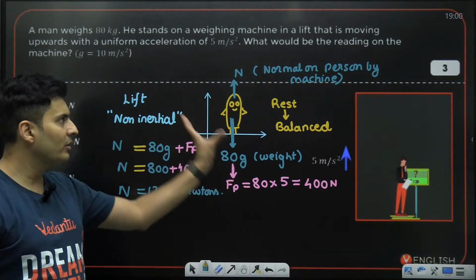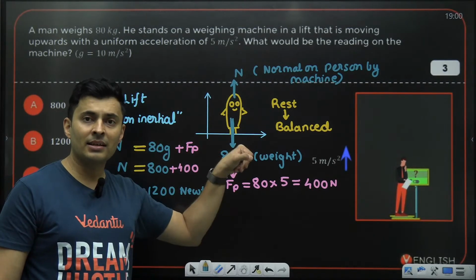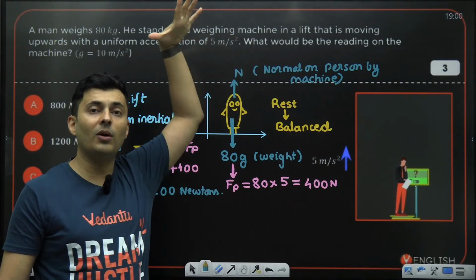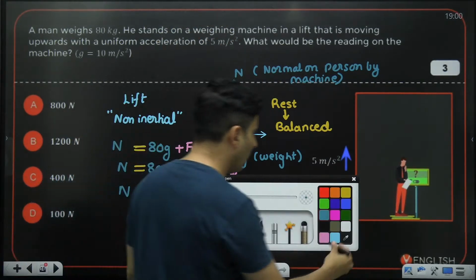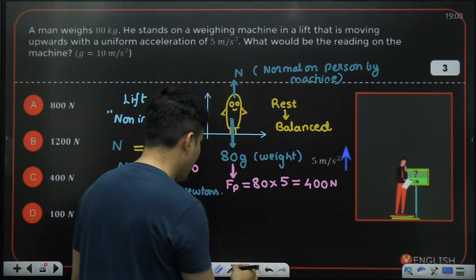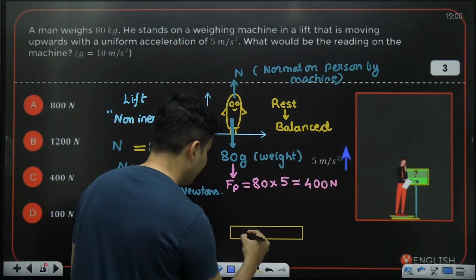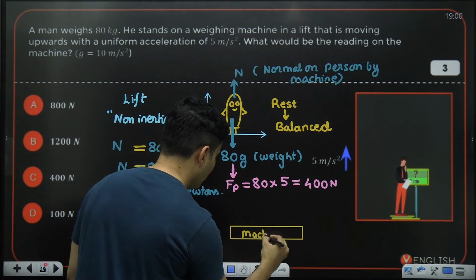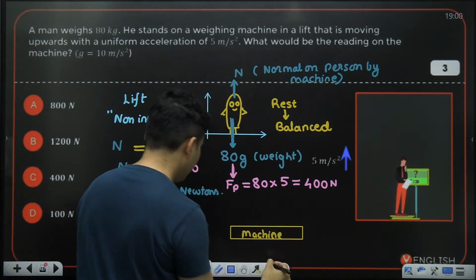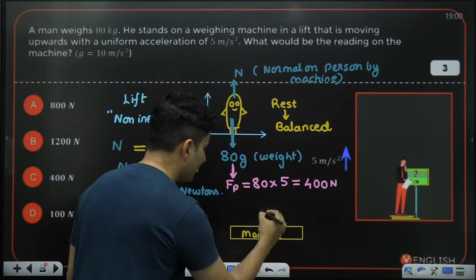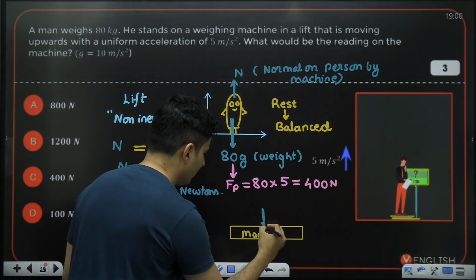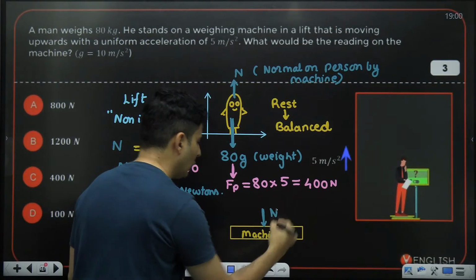Now, whatever normal is exerted on the person is also the normal exerted on the machine. So if you draw the free body diagram of the weighing machine, the force exerted from above will be the normal force.